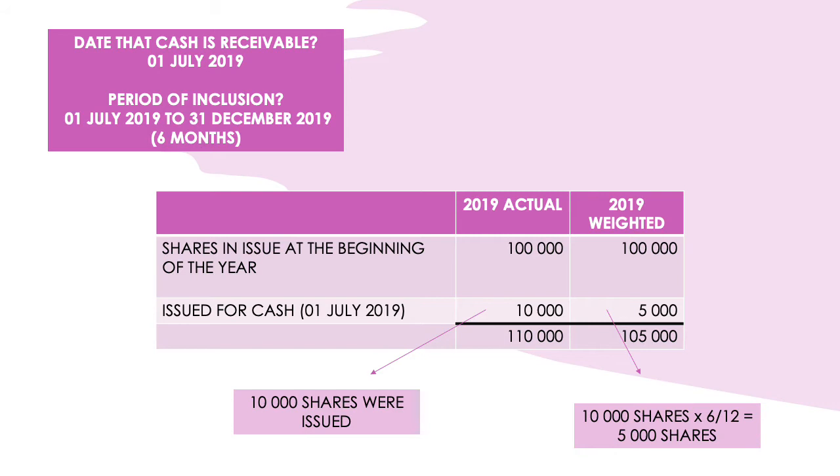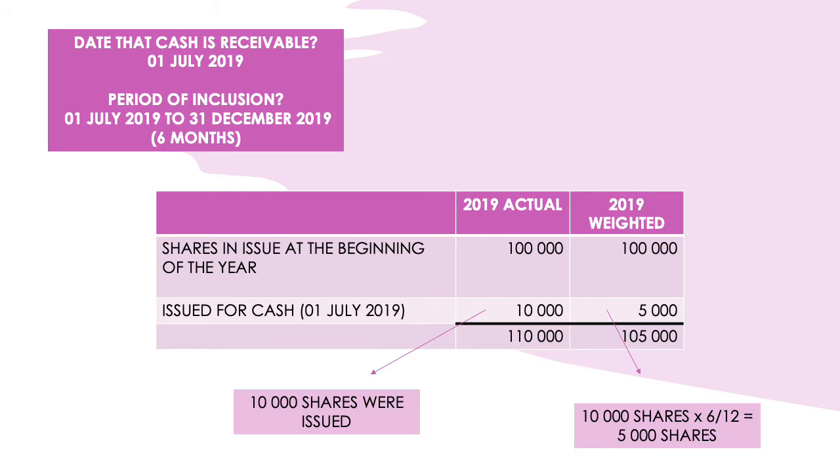Now we are working with an entity that has a year ended 31 December 2019. So that means that the period of inclusion for these new ordinary shares is from the 1st of July 2019 until the 31st of December 19. If you count on your fingers, that means that these shares need to be included in the calculation of WANZO for 6 months. So your time weighting factor is 6/12.